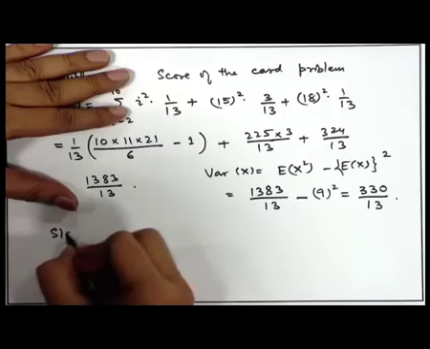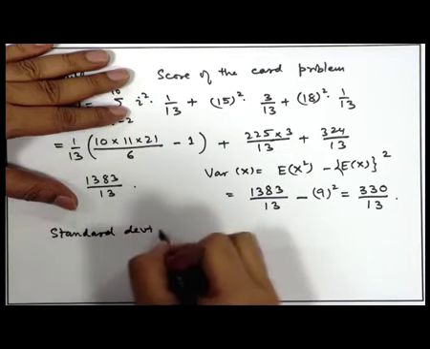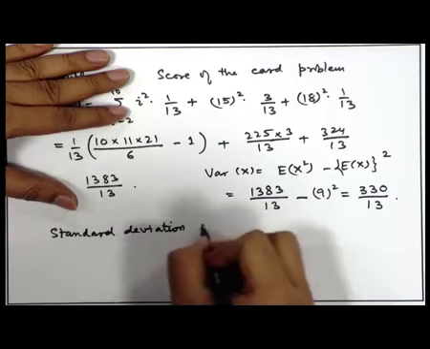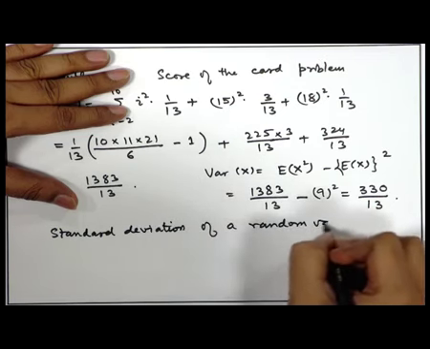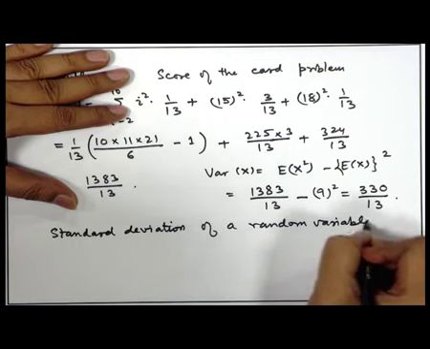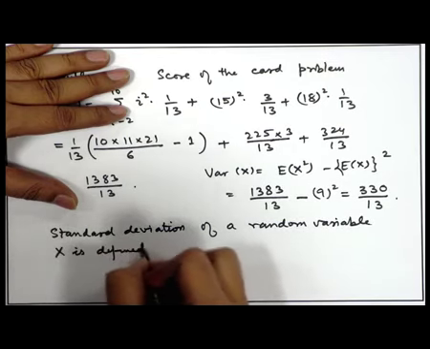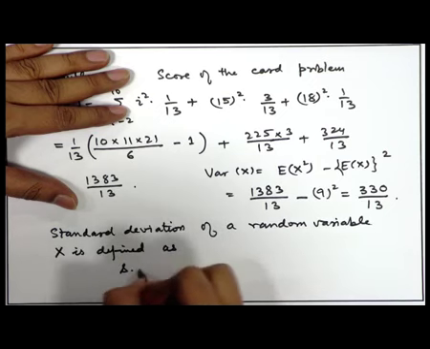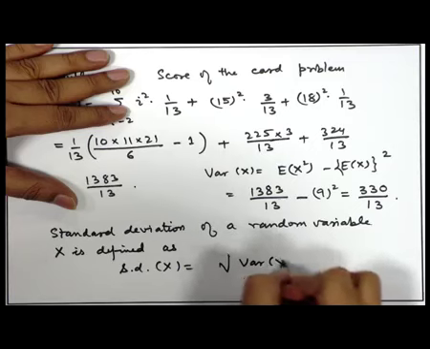So we consider the standard deviation. We write SD of x is defined to be the square root of variance of x.